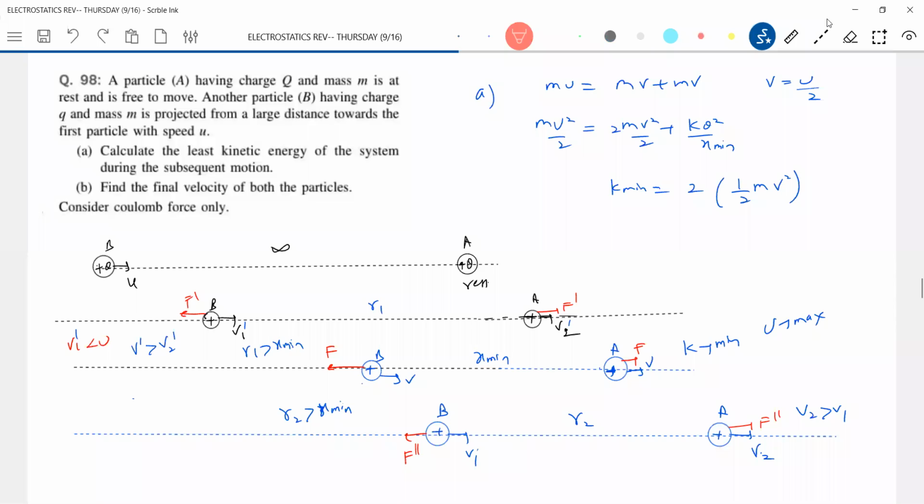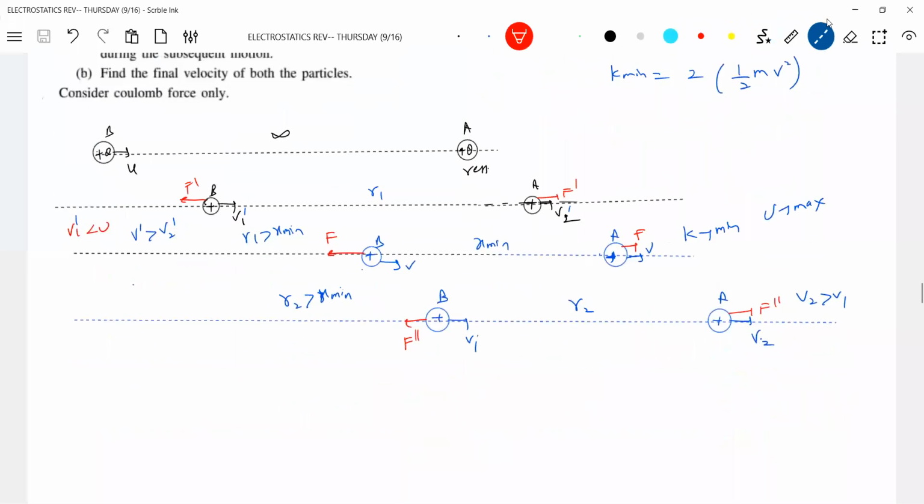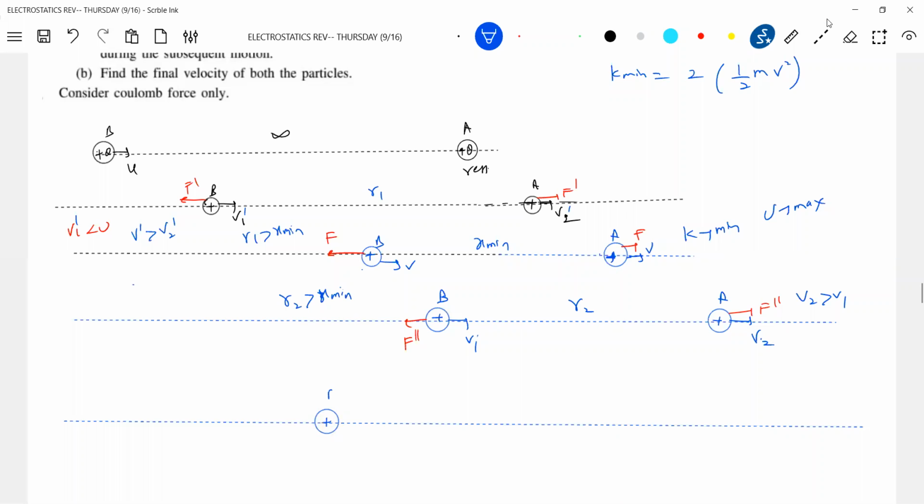Instead of rest, again it starts moving towards left. So finally what do we get? We get a situation where B will be moving and A will be moving like this. This is the final.